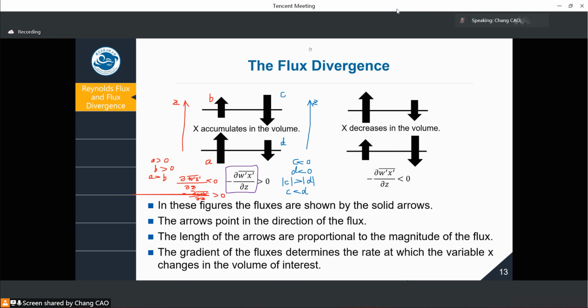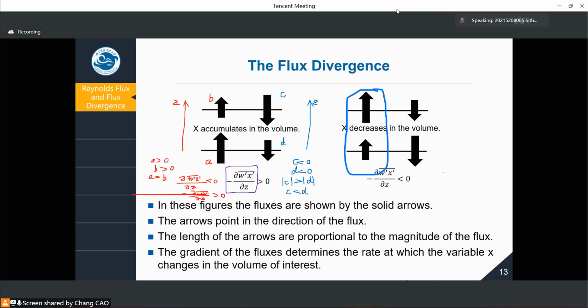You can also add your annotation. These arrows are bigger than 0. Sorry, smaller than 0. No, bigger than 0.